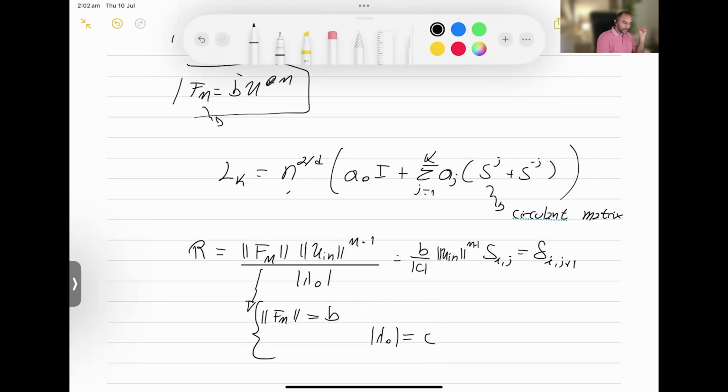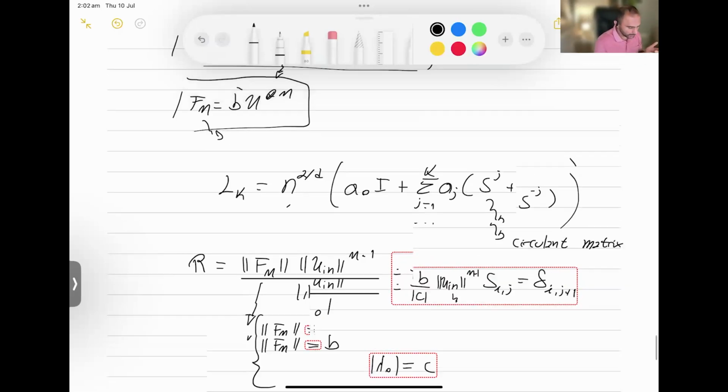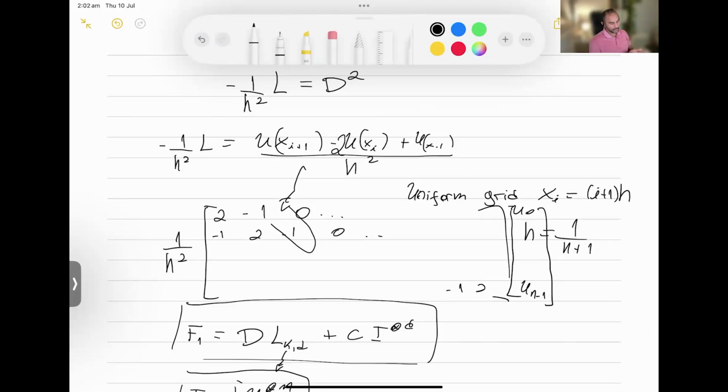But the problem comes from this part here, because once you do the spatial discretization, if you consider, for example, the two norm, you're going to see the two norm has to increase with the discretization points, because of the Laplacian operator.